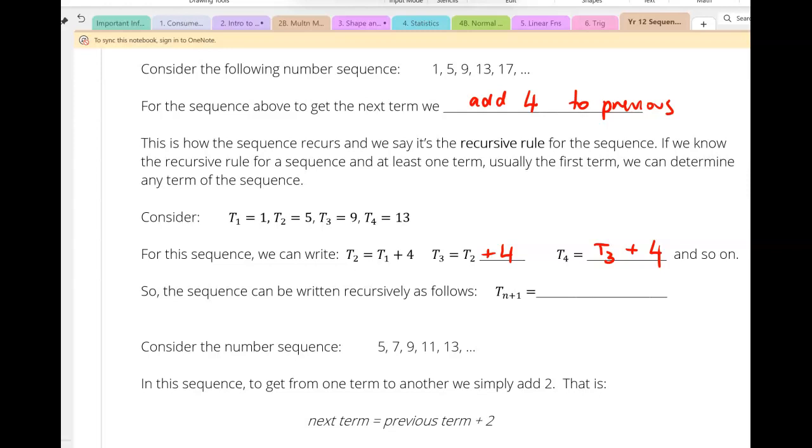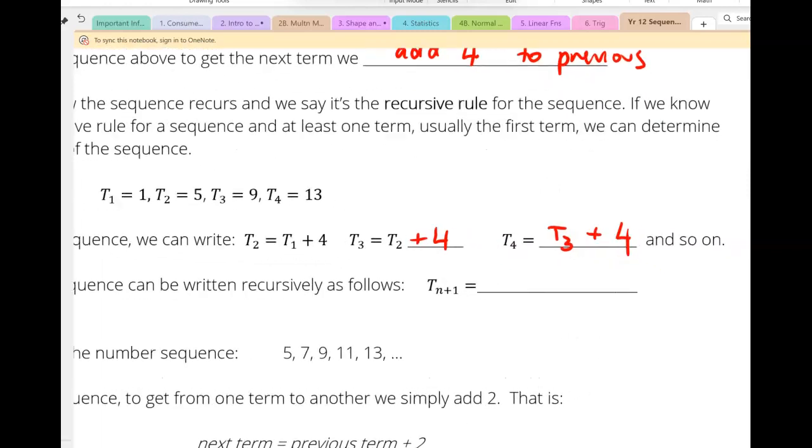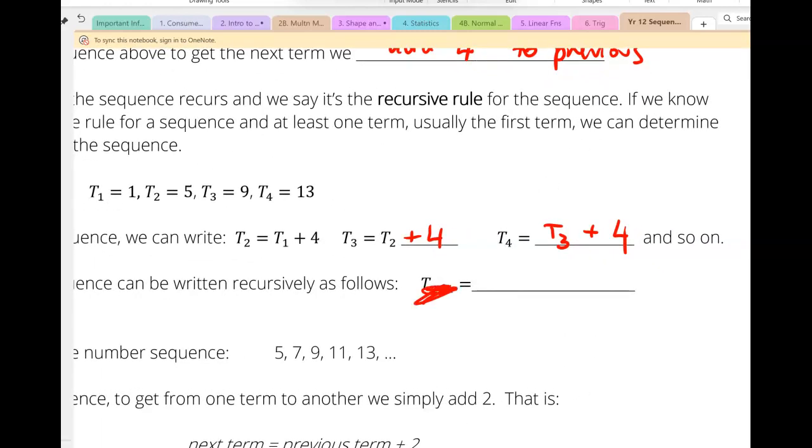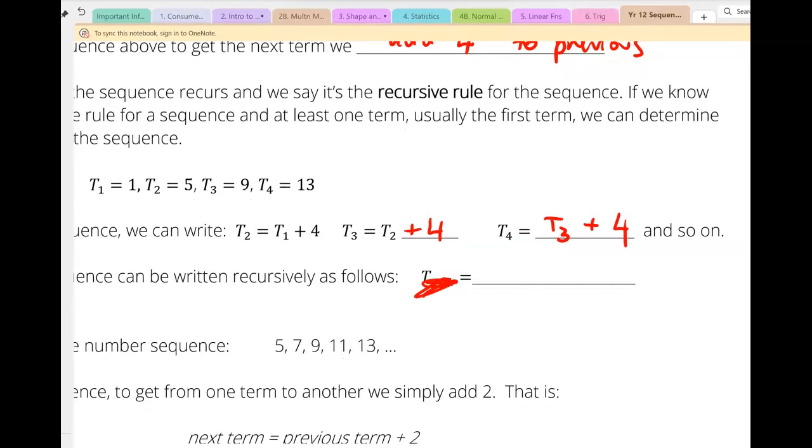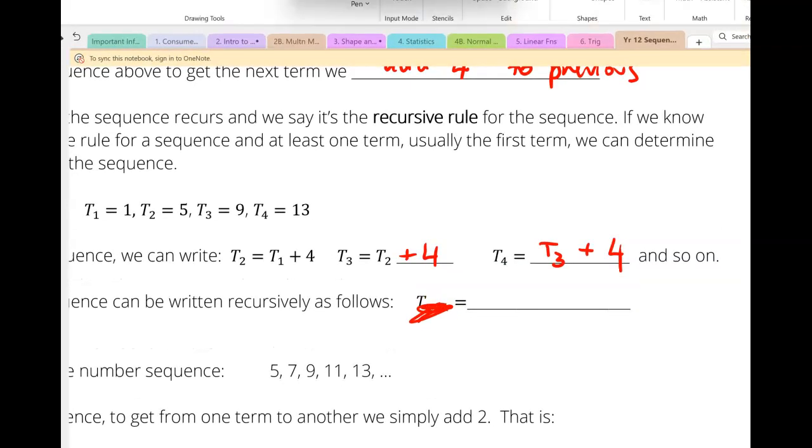And hence, when we define this recursively, that should be term n plus 1. Sorry, Tn plus 1, let's write it in there, is the previous term Tn, so one position less, and then plus 4.